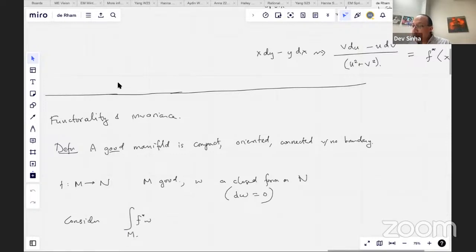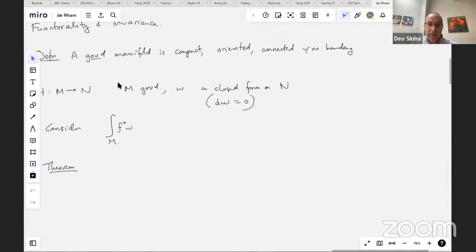All right. And then the theorem is that if F is homotopic to G, so you can get one map to the other through some one parameter set of deformations, then these numbers are going to agree.